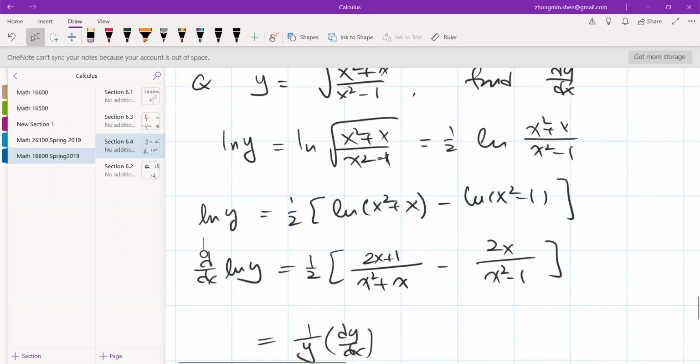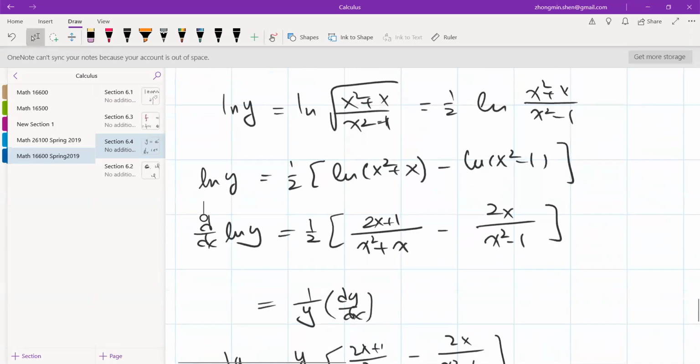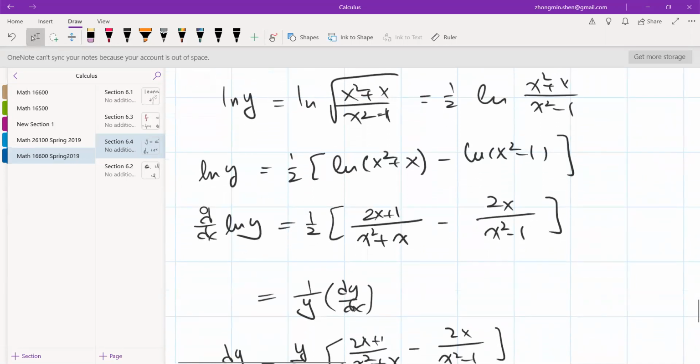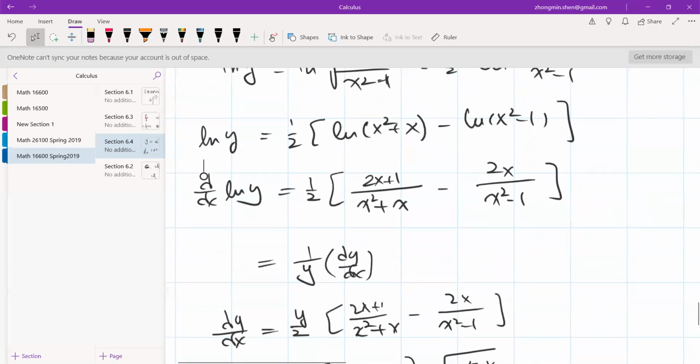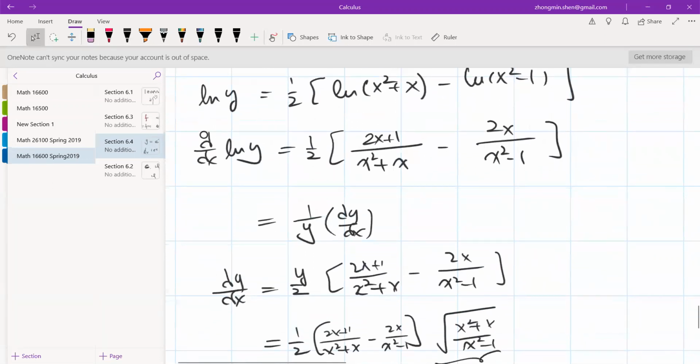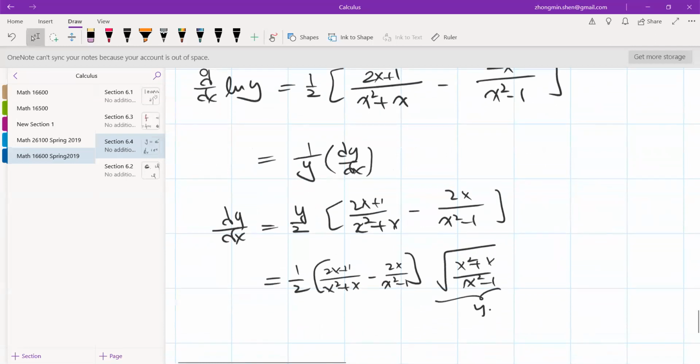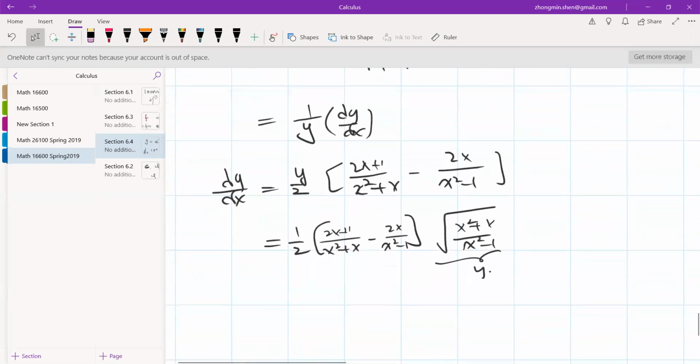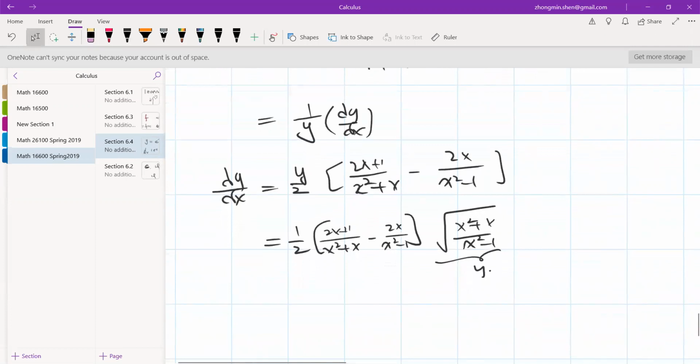So when I differentiate with respect to x, by the chain rule, the left-hand side is going to be 1 over y times the derivative. That's what I want. The right-hand side, it's easy to find the derivative, so I get 2 terms. Then I multiply both sides by y. But I know y is already given. Y is the square root of x squared plus x over x squared minus 1. So that is the way to find the derivative. And that's probably the quick way to do it.